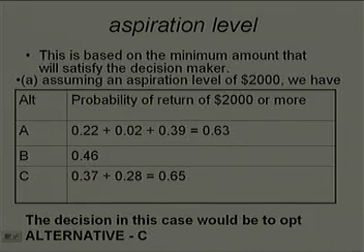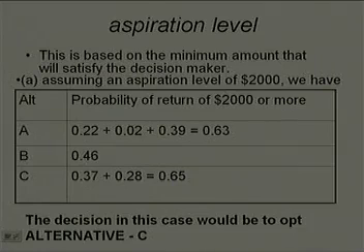That means I am looking for a return of $2,000 or more. So, can you find it out from the problem statement? What is the probability of return of $2,000 or more for different alternatives, namely alternative A, B and C?